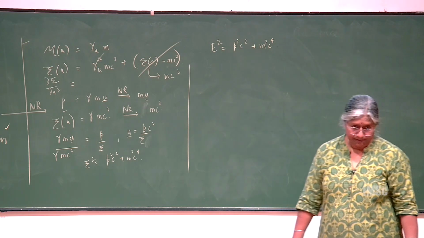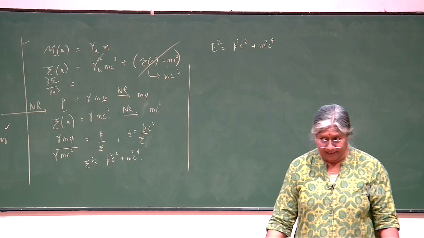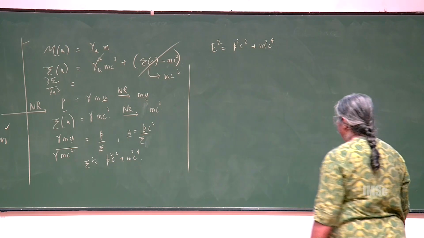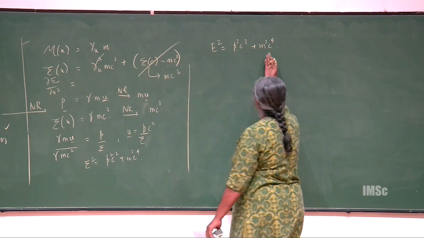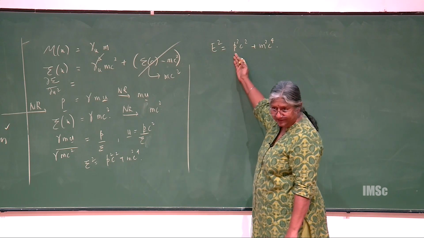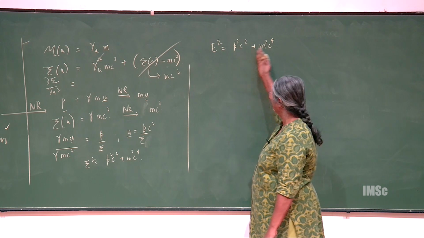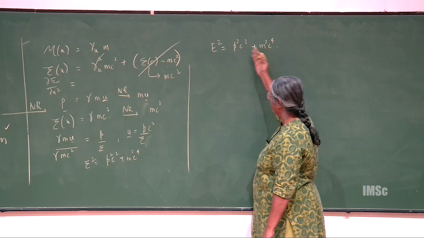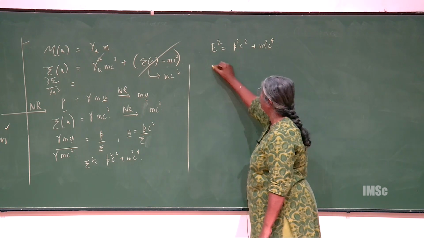Suppose my mass is very, very large compared to the momentum. So that means this is an energy unit. You can convince yourself that these are both energy units. So let us say that m squared c to the power 4 is very large compared to P squared c squared.